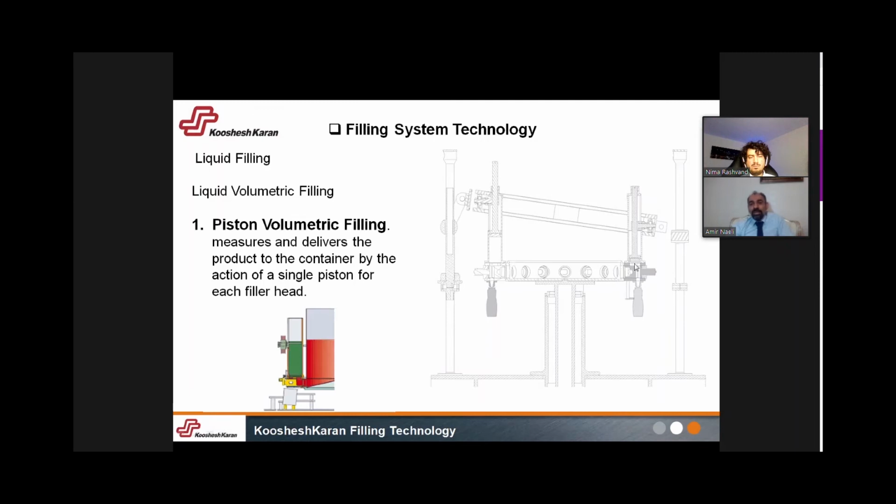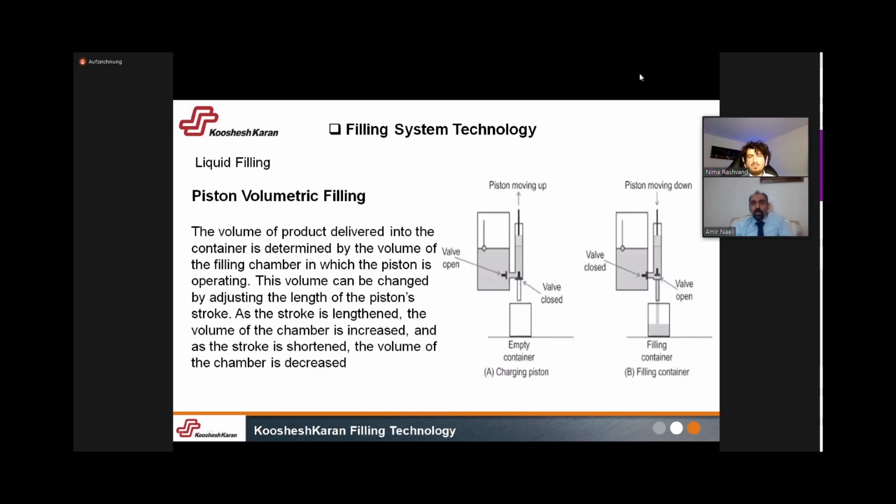The volume of product delivered into the container is determined by the volume of the filling chamber in which the piston is operating. This volume can be changed by adjusting the length of the piston's stroke. As the stroke is longer, the volume of the chamber is increased, and as the stroke is shorter, the volume of the chamber is decreased.